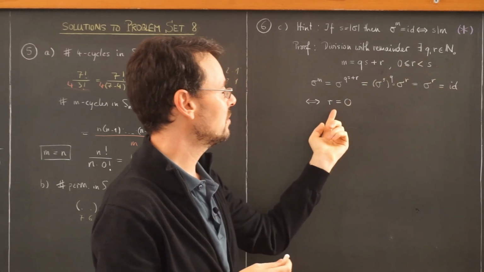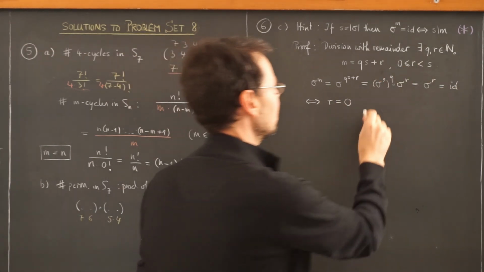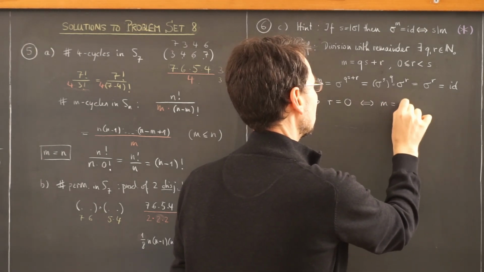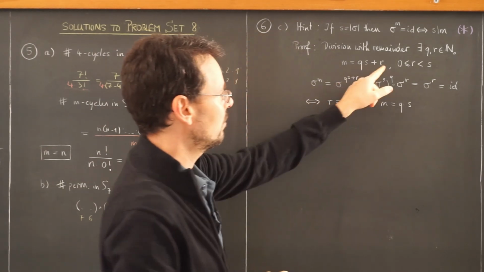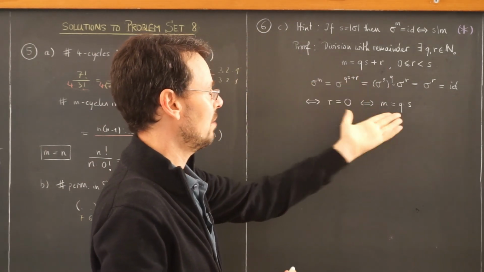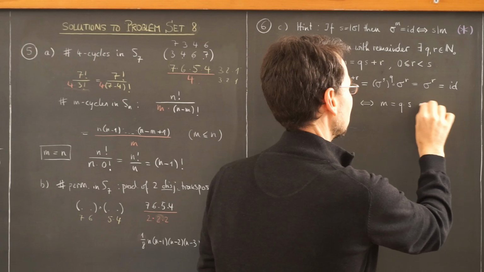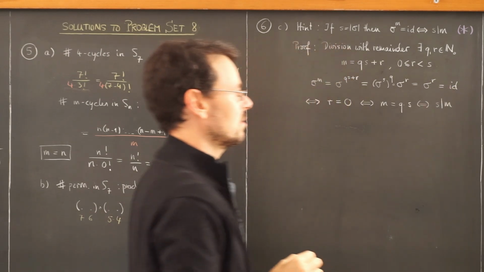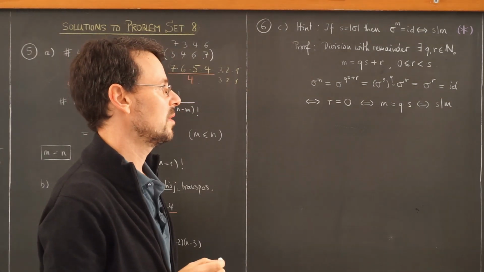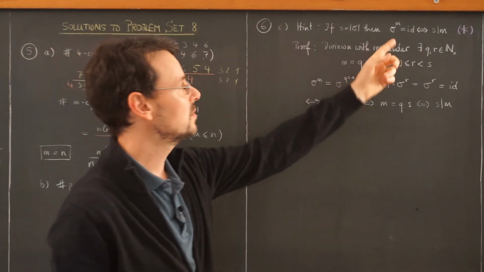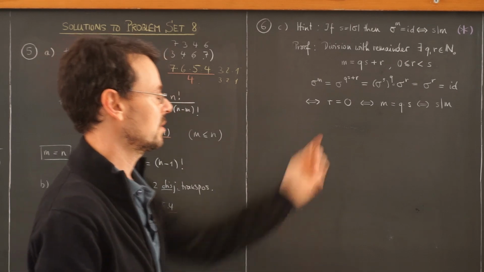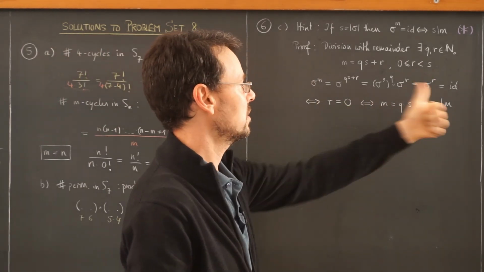So this only leaves the possibility that r is 0, but that means, if r is 0, that m is q times s, and this by definition means that s is a divisor of m, or m is a multiple of s. And this proves this hint here in both directions, because you could read this backwards here.